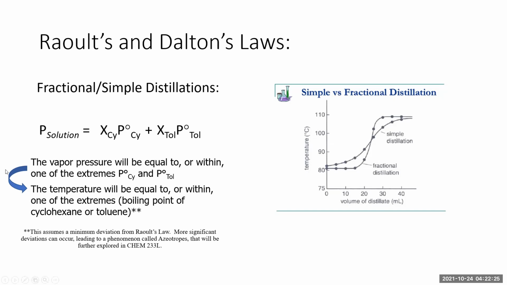And then because of the reciprocal relationship, that means that the temperature will also be equal to or within one of the extremes of the boiling point of cyclohexane or toluene.